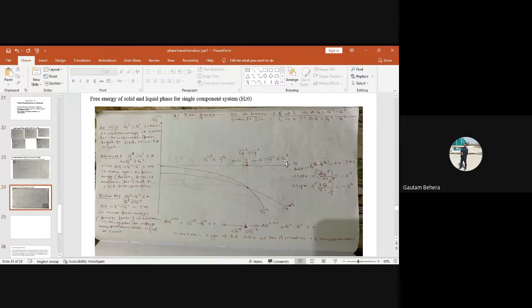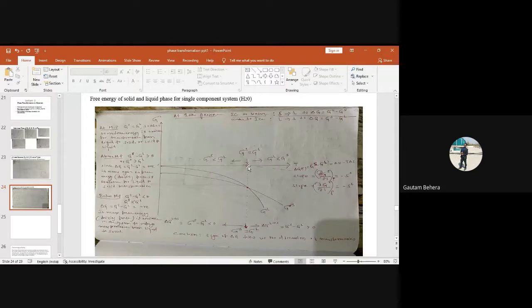And what we know is which phase will remain: that phase will remain which has lower free energy, right? It is okay. So below this temperature, the solid phase will always remain. Why? Because the solid phase has lower free energy than the liquid phase.